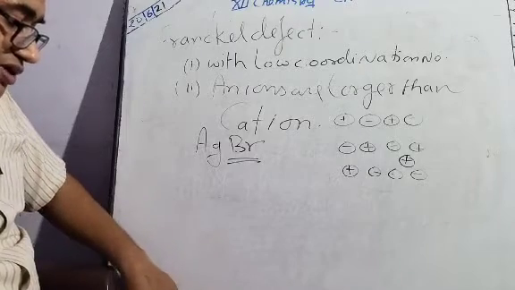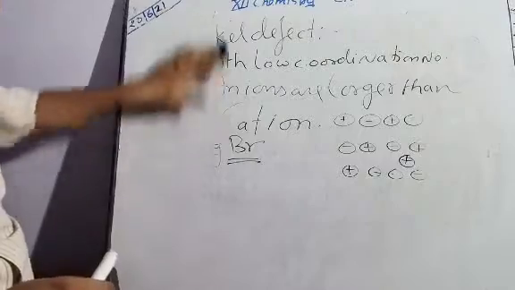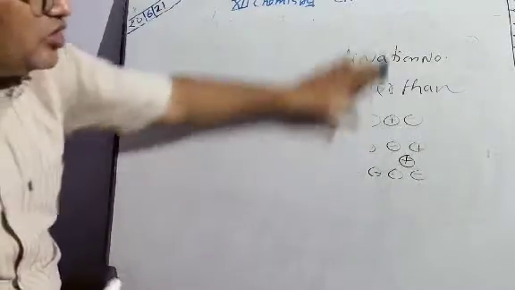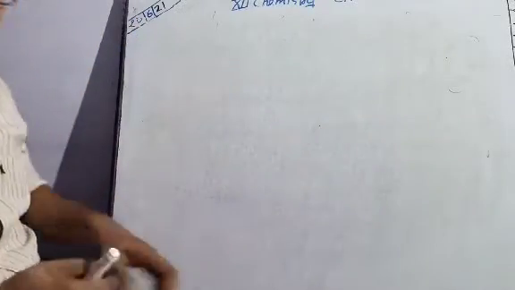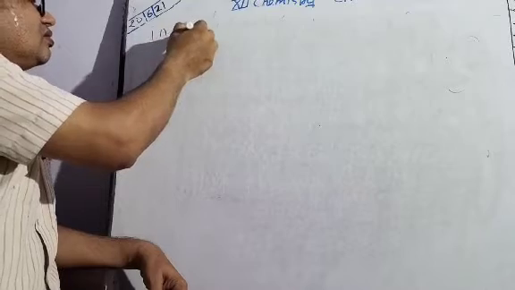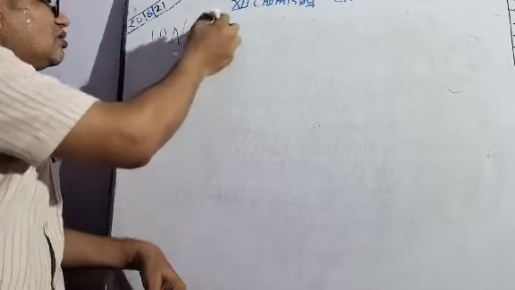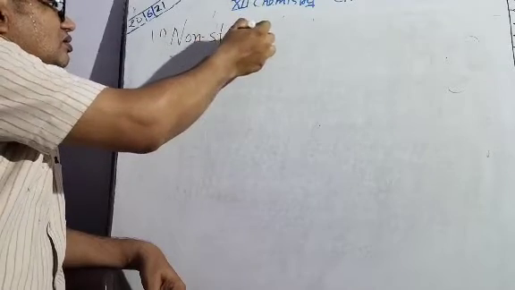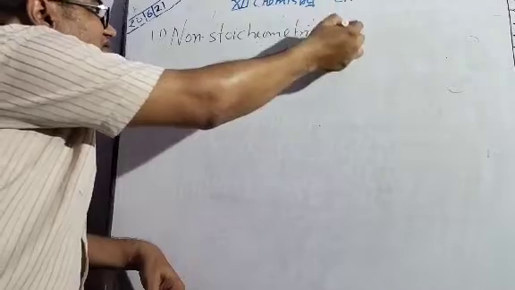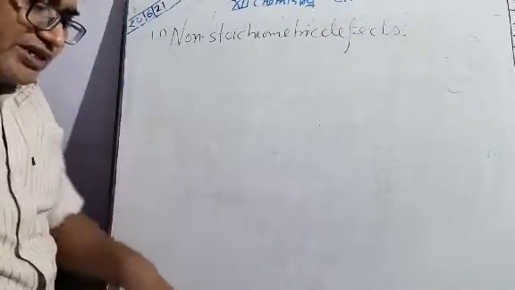Now another kind of defect is the non-stoichiometric defect.